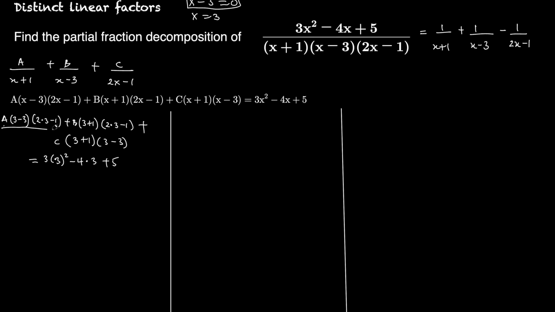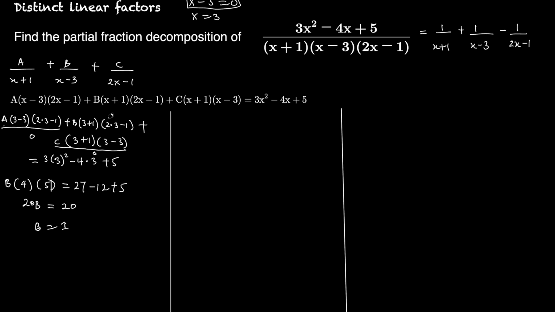So everything here goes to 0. The same thing goes with c. All of c goes to 0 as well. So we are left with b multiplied by 4 times 5 equals, here we have 27 minus 12 plus 5. So this is 20b equals 20. So b equals 1. We're done with the value of b.